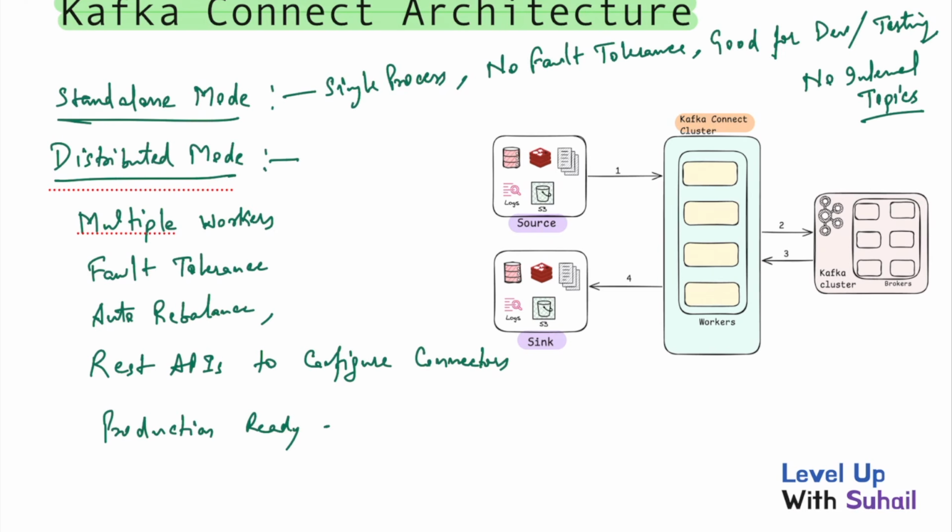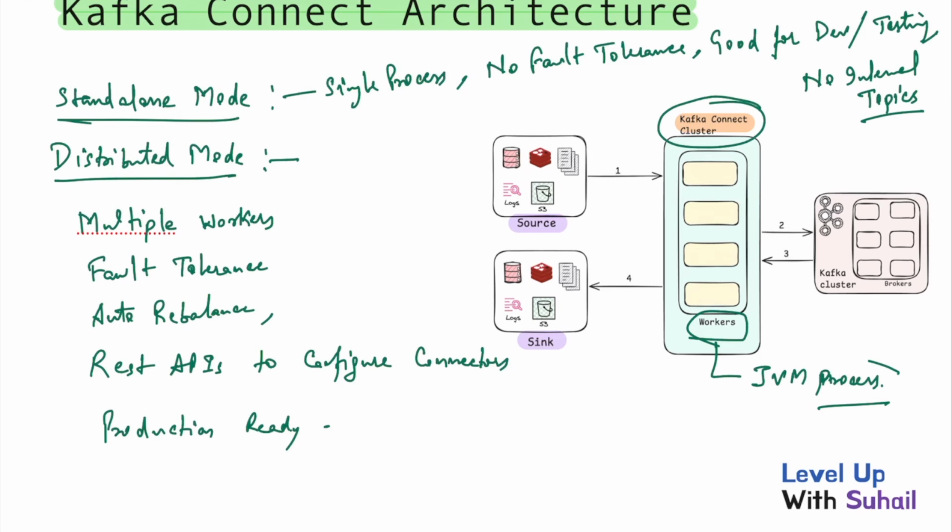Now, when I say Kafka Connect cluster, do we provide any cluster ID, or how does this cluster get set up? That is a very important question to understand. What happens is you have the workers. As I mentioned, a worker is a JVM process.